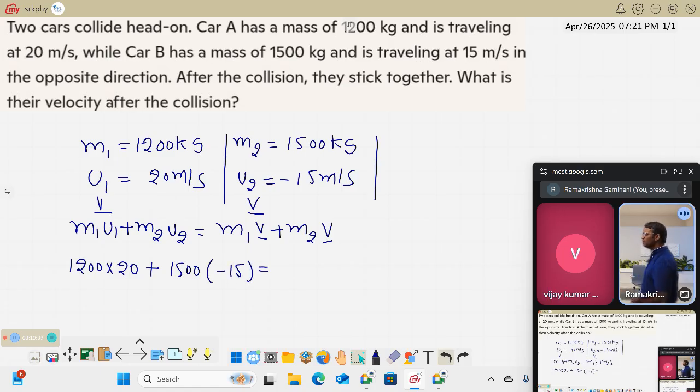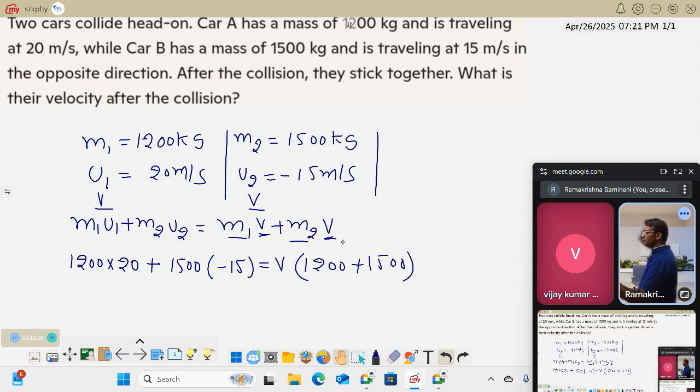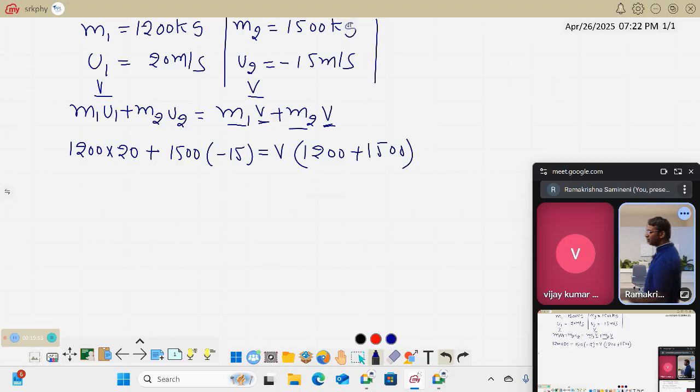I can take v common, so m1 plus m2, that is 1200 plus 1500.